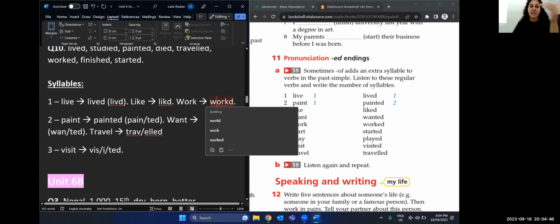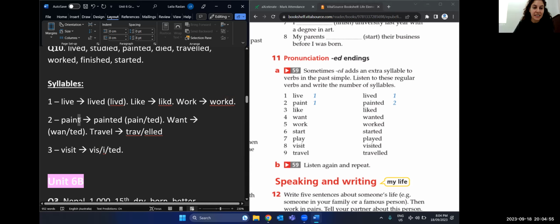You cannot make two sounds. It's lived. So can you see the difference? If it ends in a T, then you split it up. You split up the word before the T and after the T, and it has two sounds. And if it has an I in it, then that's when the I has its own sound. Vis, it, ted.